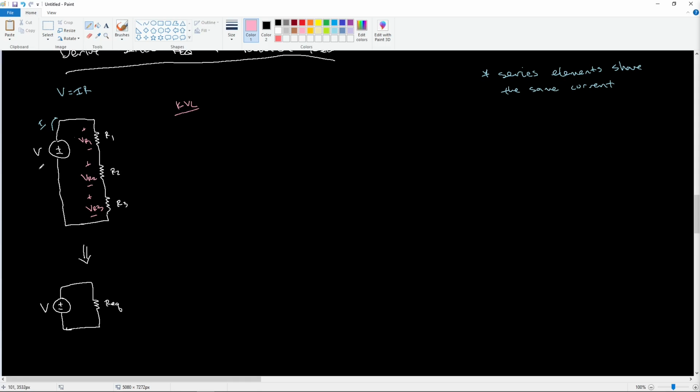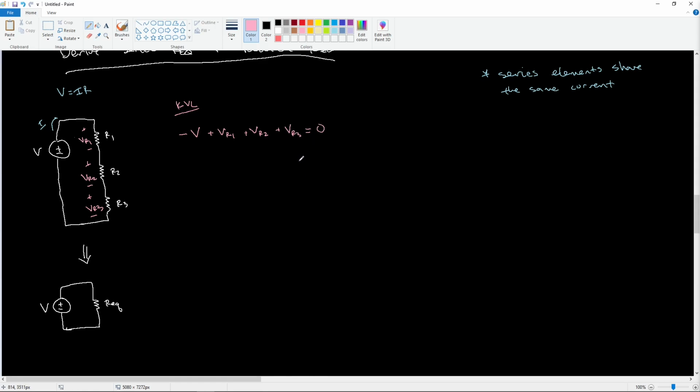So if we start and follow the path of the current, which is pretty conventional, going through the direction the current's going, we'll go up into the negative terminal of the V and get minus V. Come around, we would go into the positive terminal of VR1, so plus VR1, into the positive terminal of VR2, plus VR2, and then same through resistance 3, plus VR3, and that all equals 0.